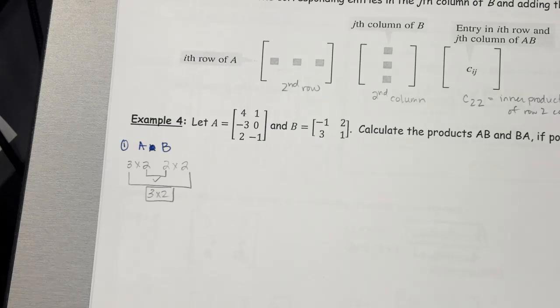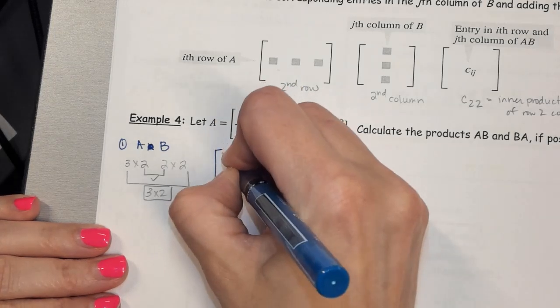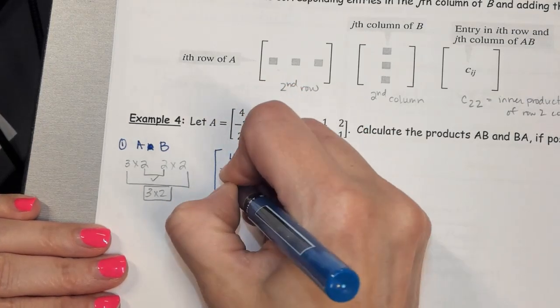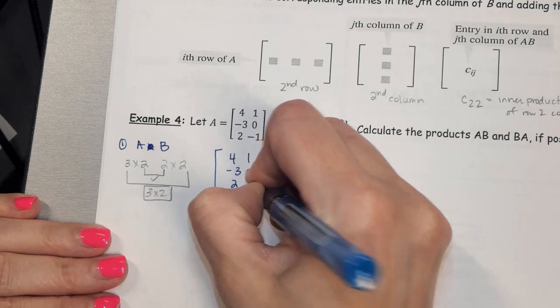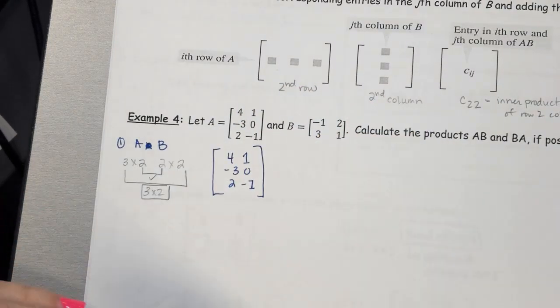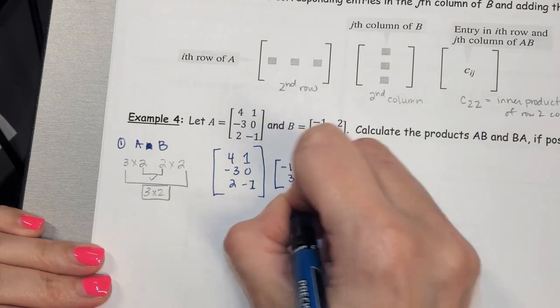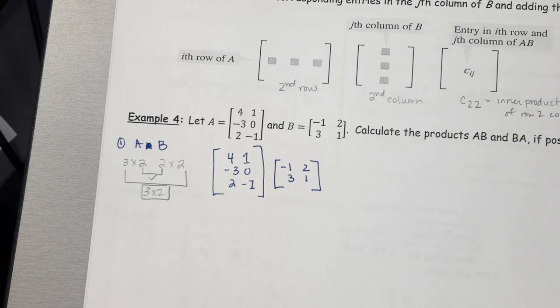Okay, so when we do this, I'm going to write this out so I can mark it up. We're going to multiply 4, 1, negative 3, 0, 2, negative 1, by negative 1, 2, 3, 1.